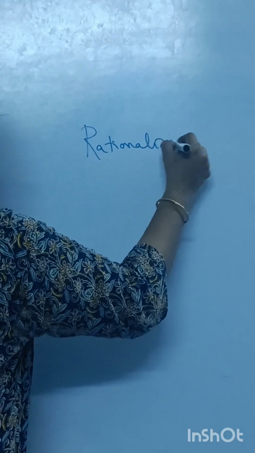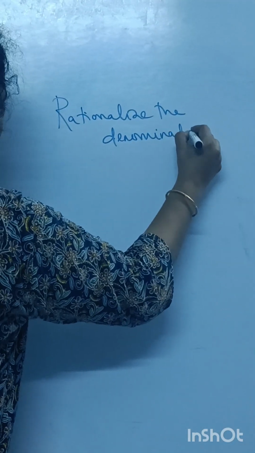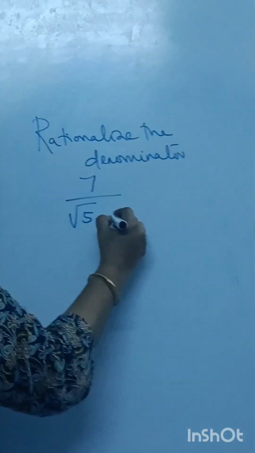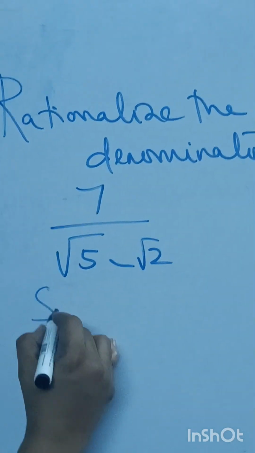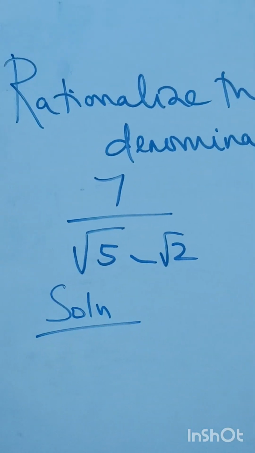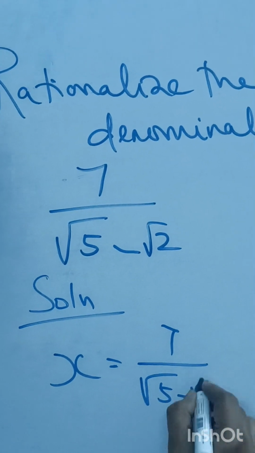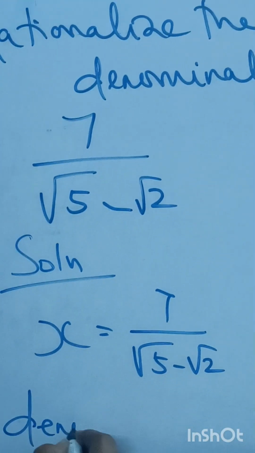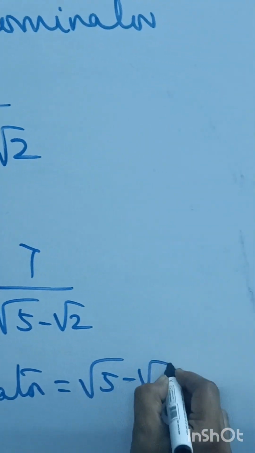The denominator: rationalize 7 divided by root 5 minus root 2. Solution: let x be equal to 7 divided by root 5 minus root 2. And what is the denominator here? Root 5 minus root 2.